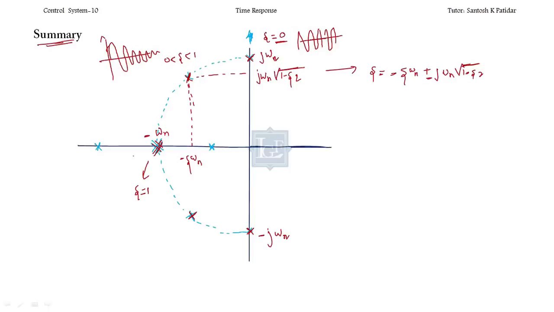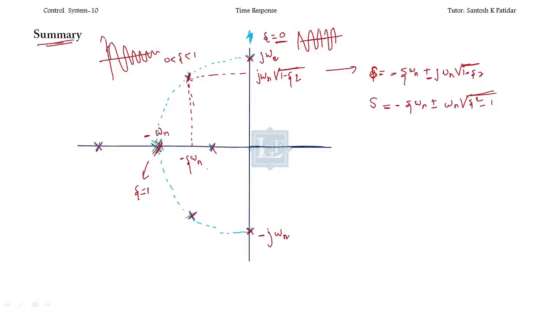Now for the overdamped system, if you remember, we got s equals minus zeta omega n plus or minus omega n square root of zeta square minus 1. So one pole is at this location and one pole is at this location. Correct.